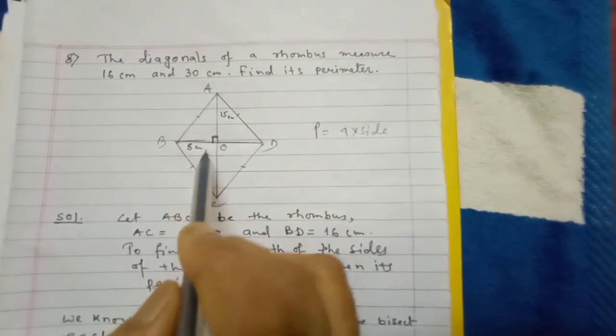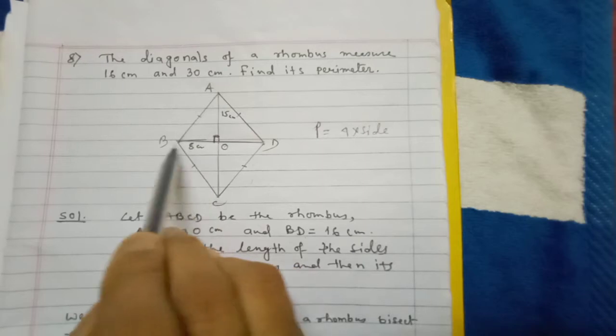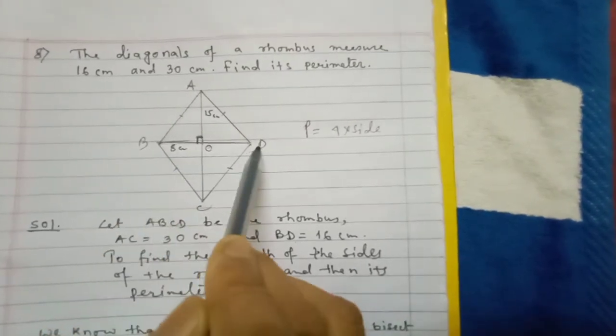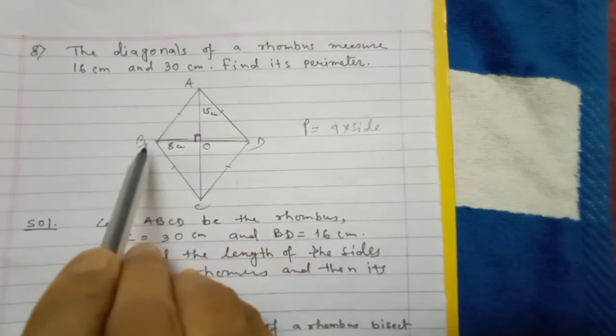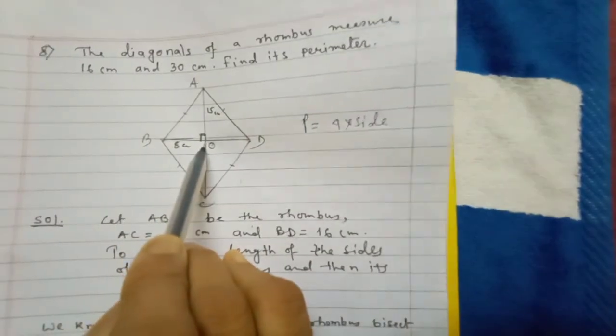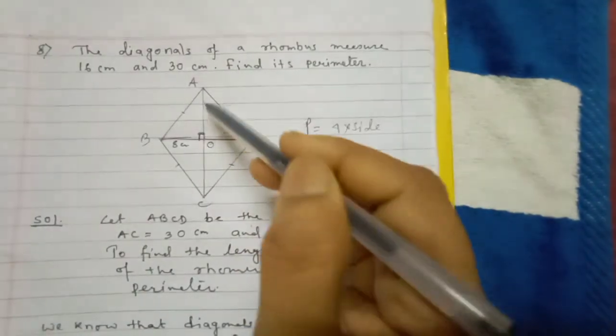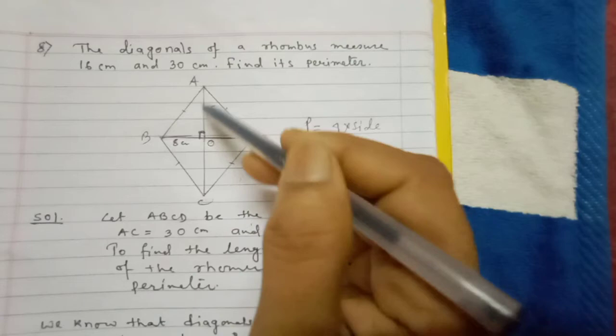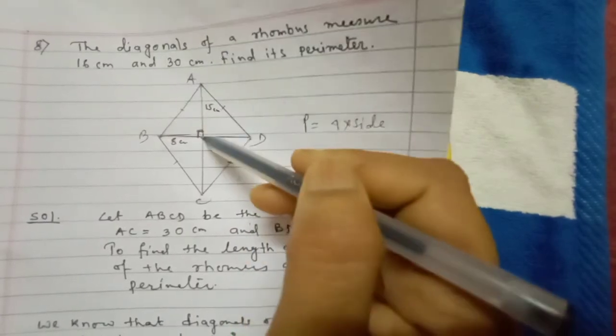So we can say that AOB is a right triangle, where BD was 16 and BO is half of it, that means 8 centimeter, and AC was 30 centimeter, so AO is half of 30 centimeter, that is 15 centimeter.